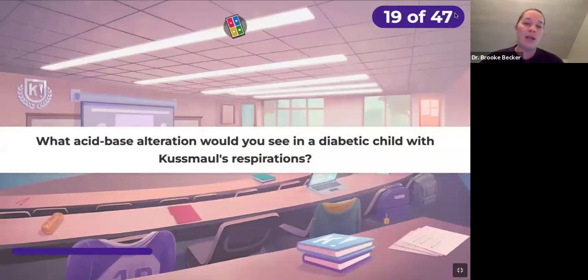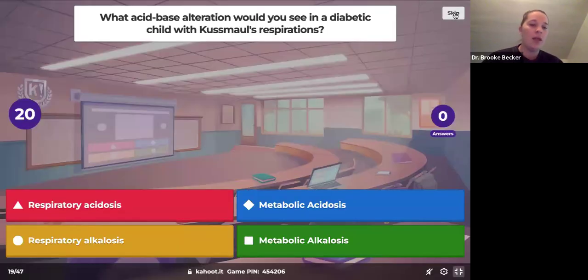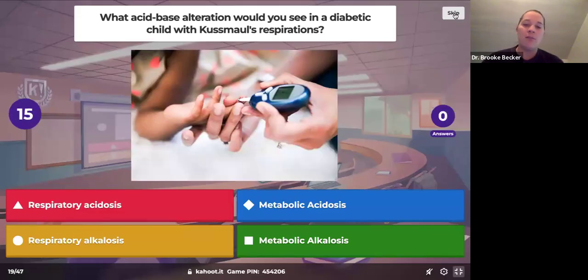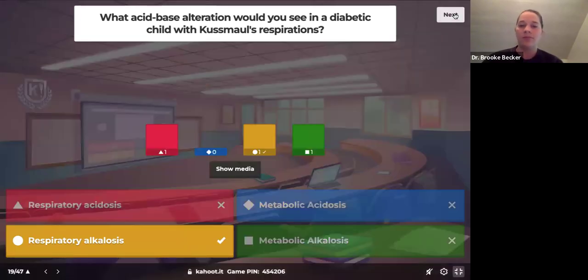What acid-base alteration would you suspect in a diabetic child with Kussmaul's respirations? Respiratory acidosis, metabolic acidosis, respiratory alkalosis, or metabolic alkalosis? Respiratory alkalosis, because they're breathing off the CO2.